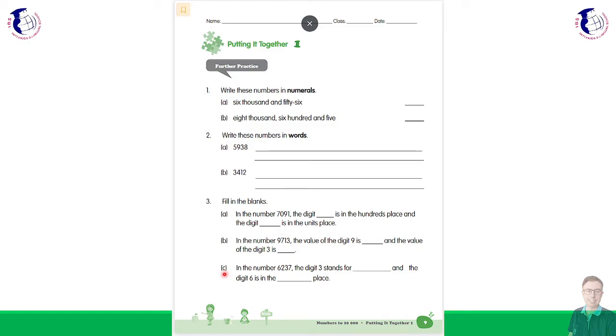Finally C, in the number 6,237, the digit 3 stands for, so check what place value 3 is in and write it here. Same with the number 6, check which place value it is and write in the appropriate number of zeros after it to represent its value.